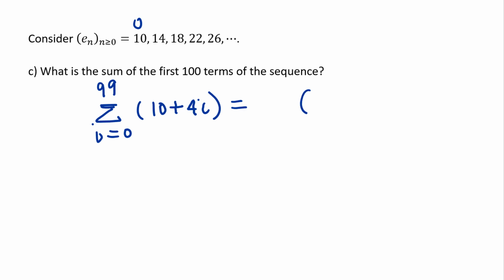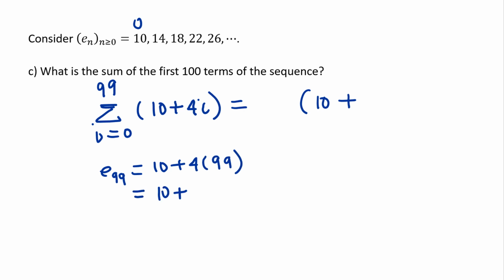It's going to be the first term of the sequence, which is 10, plus the last term of the sequence. And the last term of the sequence is e sub 99, or the 100th term. And so that's going to be 10 plus 4 times 99.